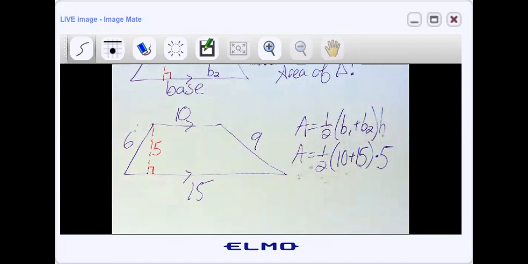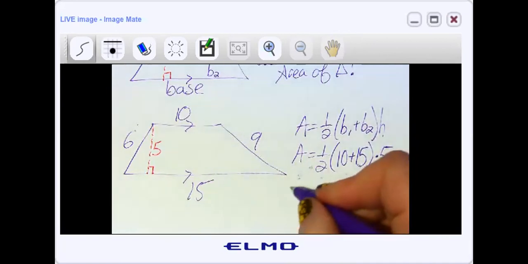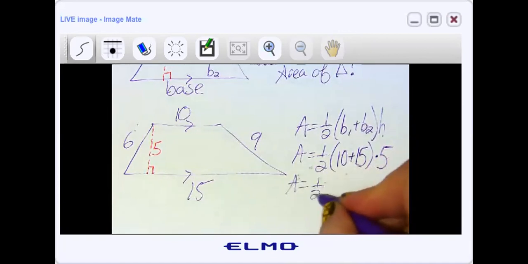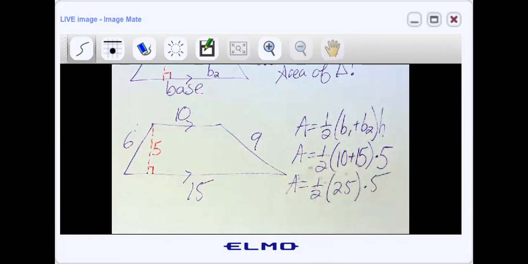All right, and now you just have to be super careful that you follow order of operations. Remember that you must do parentheses first. So 10 and 15 is 25. Now it's just multiplication.